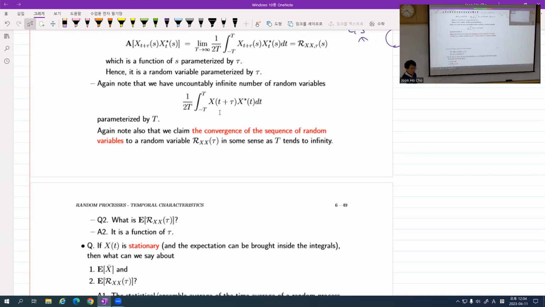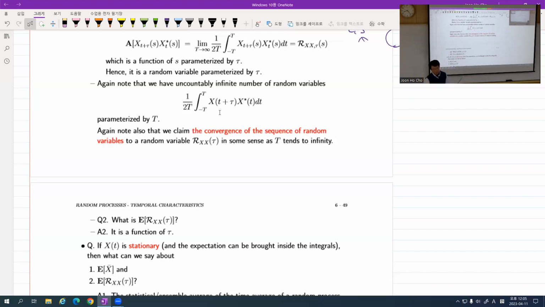And let's assume x of t is stationary, and that stationary process, our specific process, allows us to bring the expectation into the integration. Actually, you know that expectation of a random variable is integration of some quantity times the density function, dx or something.